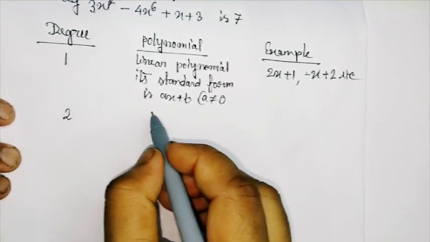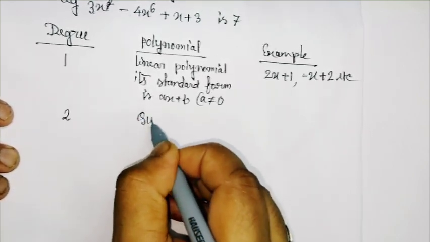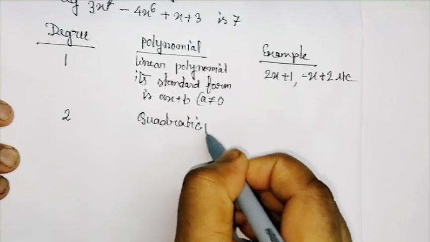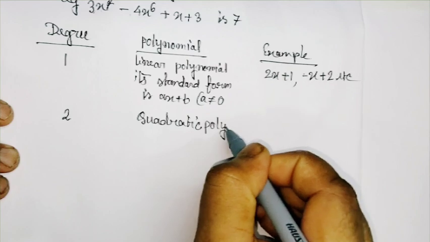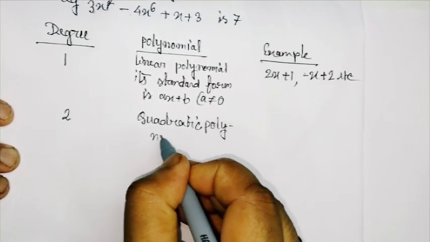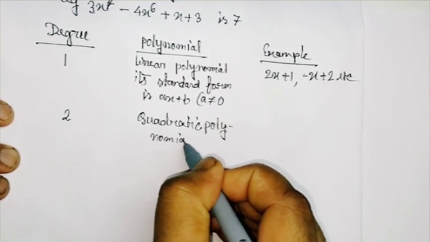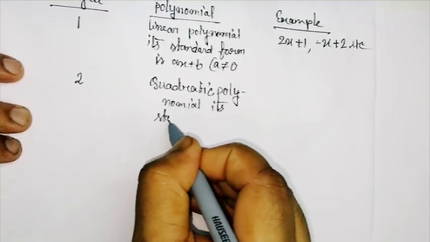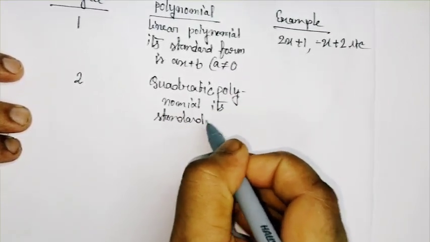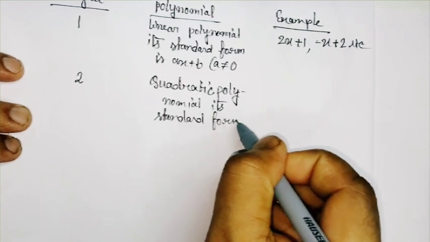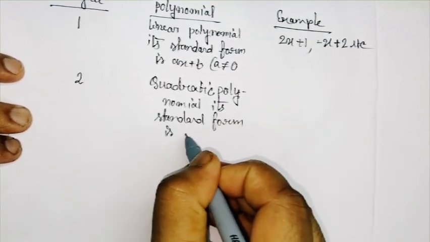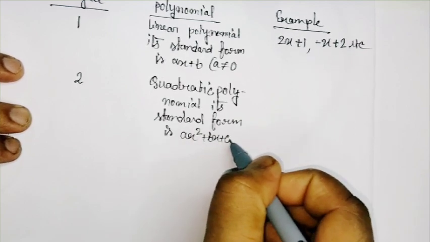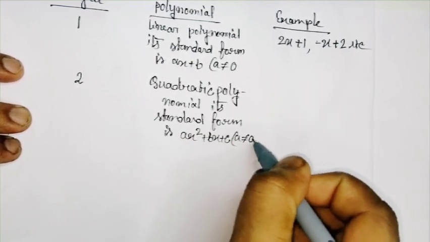A polynomial having degree 2 is called a quadratic polynomial. Its standard form is ax square plus bx plus c, where a is not equal to 0.